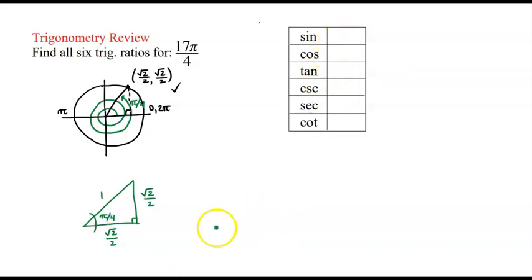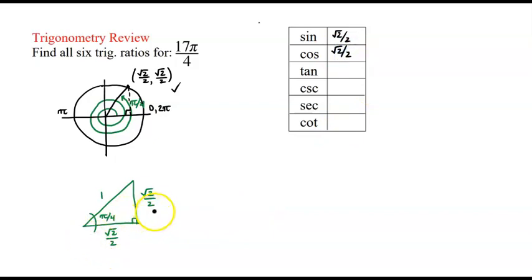And the sine of pi over 4 I know is the opposite over the hypotenuse, so that's going to be root 2 over 2. The cosine is going to be the adjacent over the hypotenuse. So again, root 2 over 2.